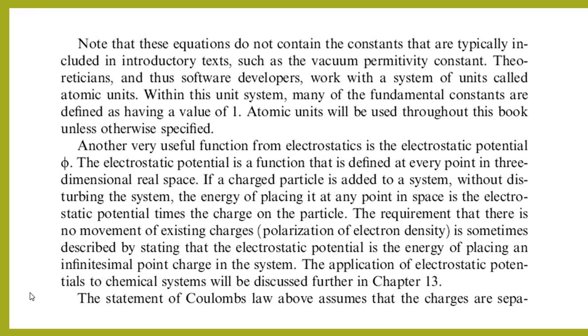Theoreticians and software developers work with a system of units called atomic units. Within this unit system, many of the fundamental constants are defined as having a value of 1. Atomic units will be used throughout this lecture unless otherwise specified.